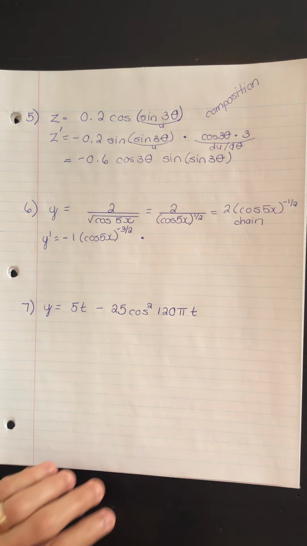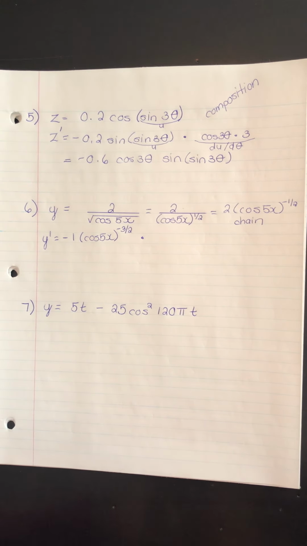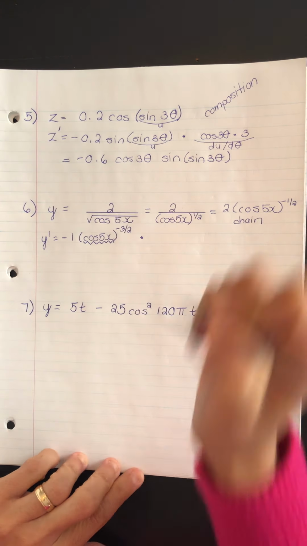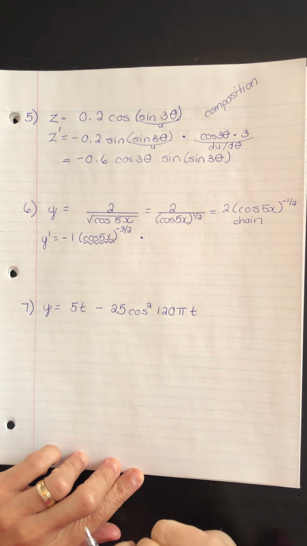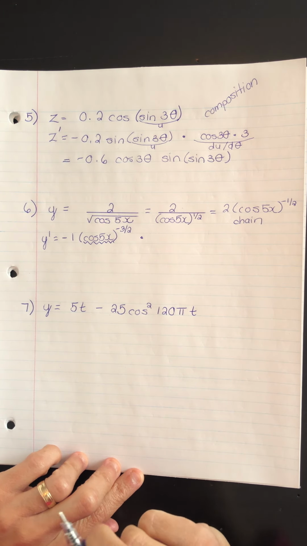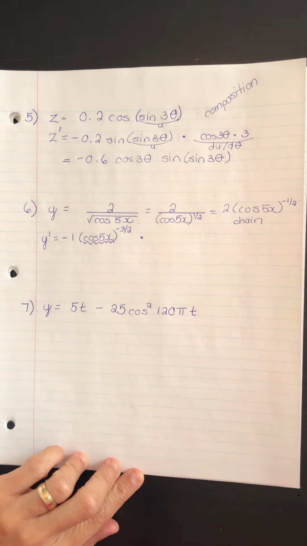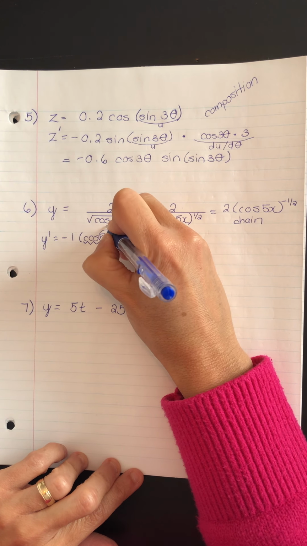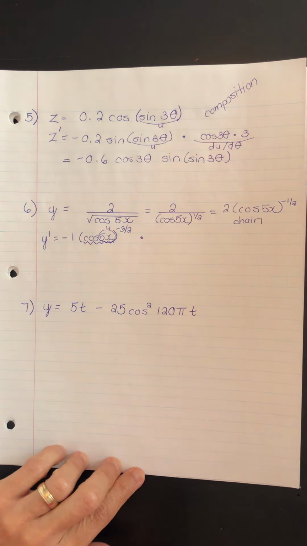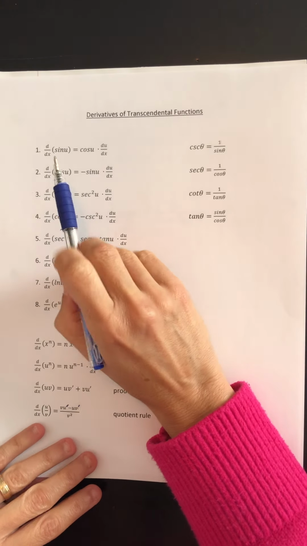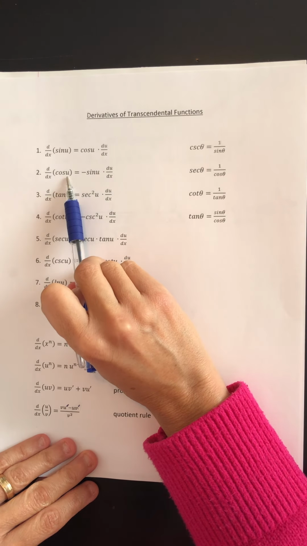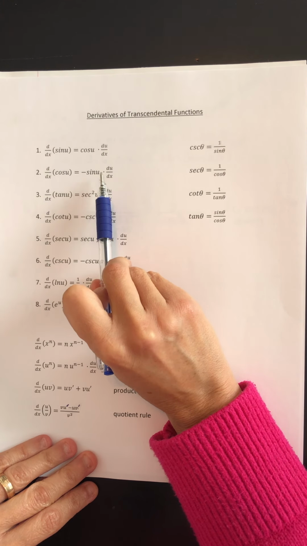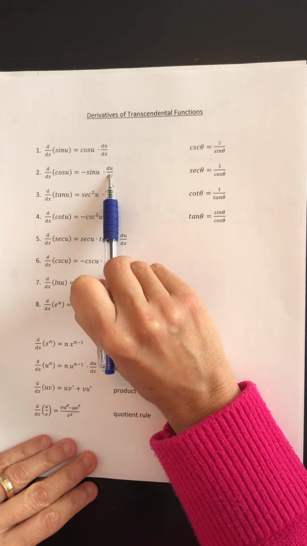And now that that exponent business is done, we have to multiply that by the derivative of the inside of the bracket. So we need the derivative of cosine 5x. So 5x is like the little u on our cosine u. So the derivative of cosine 5x is negative sine 5x times 5.